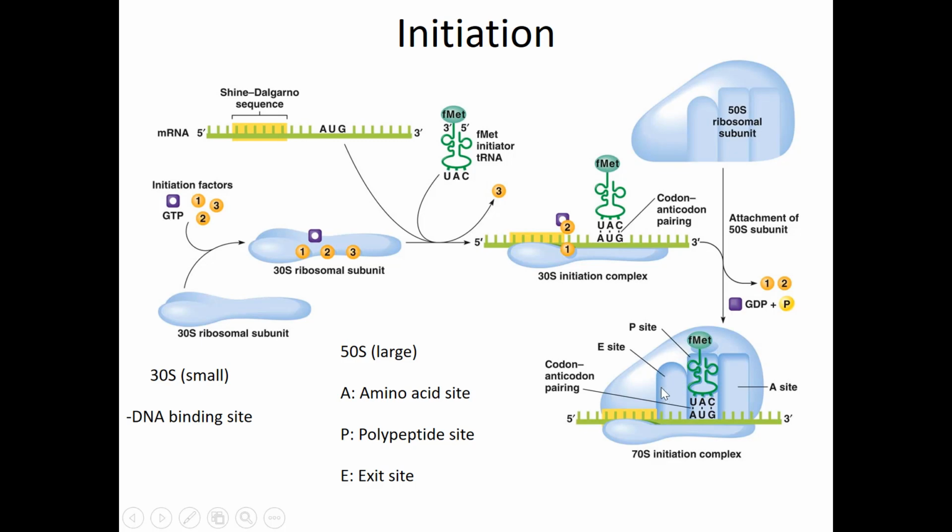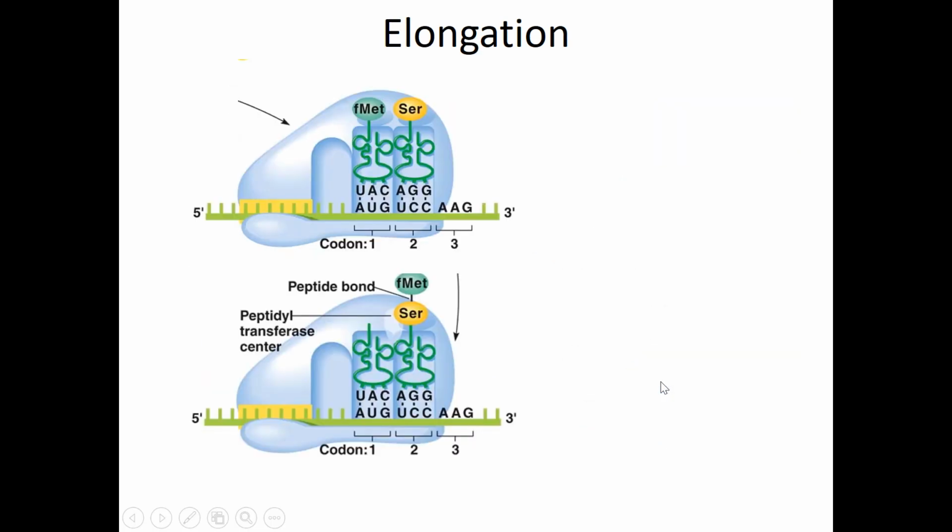And then here is the E site, ejection site, or exit site, and the ribosome will pull this mRNA through the ribosome, shifting in this direction here, shifting the position of these tRNAs from the A site initially over to the P site, and then to the E site where it is ejected.